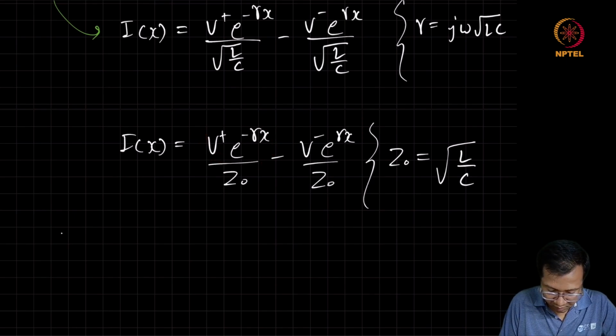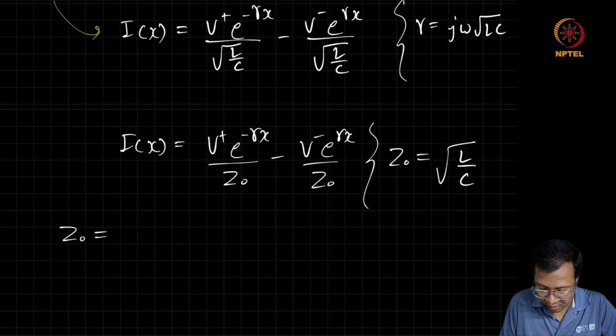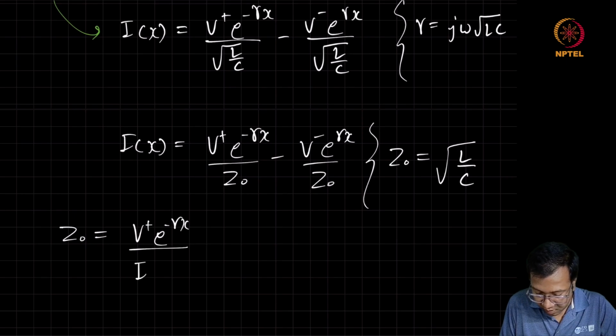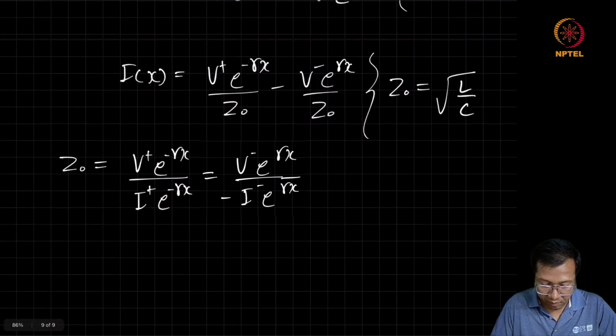So you can see that this Z naught is actually the voltage traveling wave divided by the current traveling wave in the same direction. So this is an important quantity which defines the properties of the electric line which we are discussing.